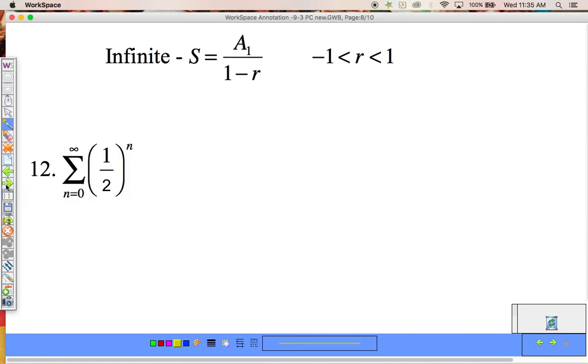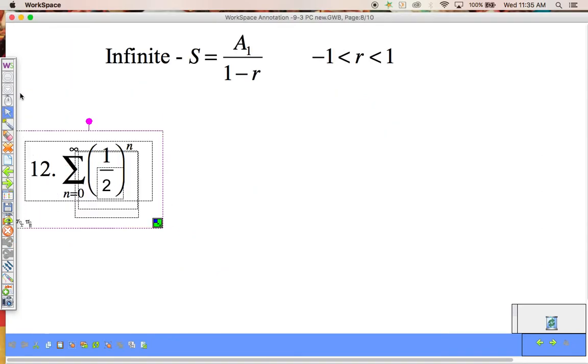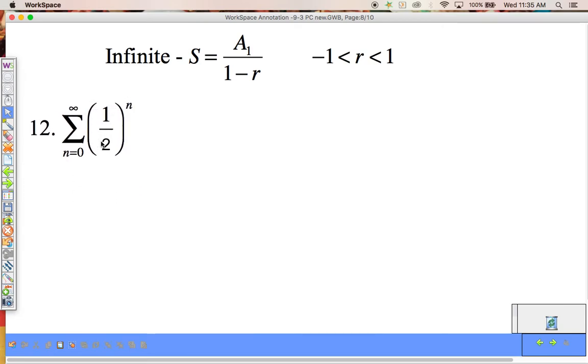All right, the last part. This is for an infinite geometric series. To find the sum of an infinite geometric series, which means it goes on and on and on forever, we're going to do first term divided by 1 minus r. My first term divided by 1 minus my ratio.